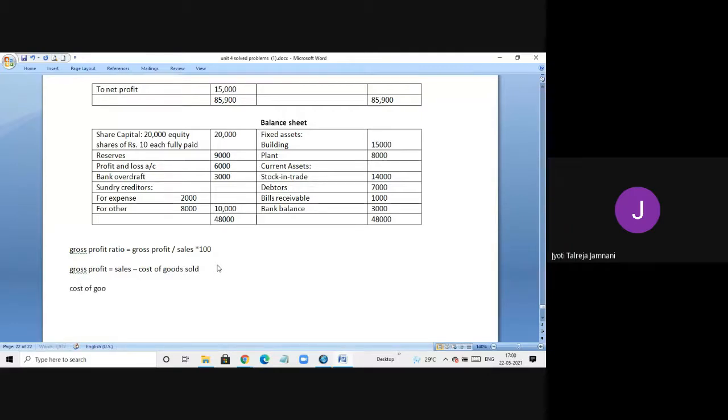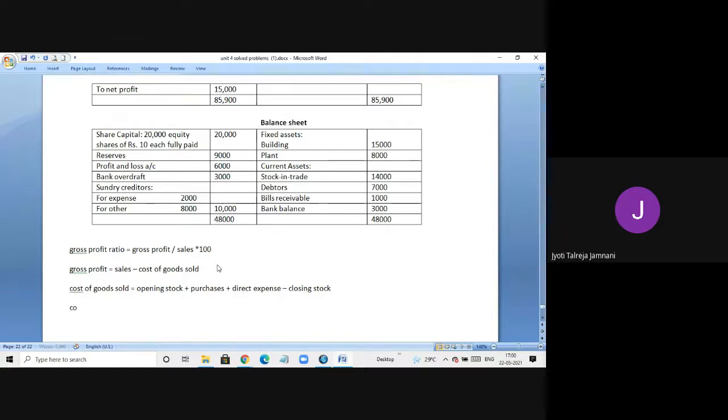Cost of goods sold is opening stock. So in cost of goods sold, we basically take everything of the trading account: opening stock plus purchases plus direct expenses if given, minus closing stock. So if you see, I'm taking opening, closing, direct expense and purchases, everything. If I minus that from sales, I'll get the gross profit.